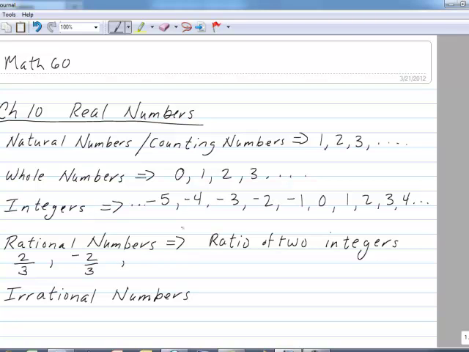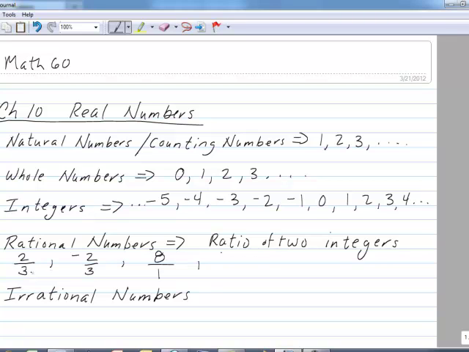And what about the number 8? Could we write 8 as the ratio of two integers? Of course, any whole number can be written as a ratio over 1. We also know that 2/3 as a decimal is 0.6 repeating.